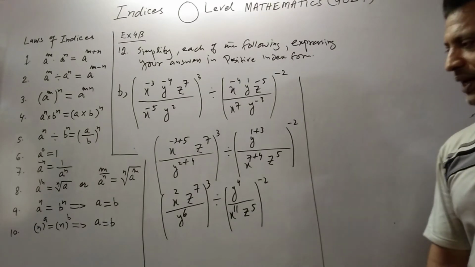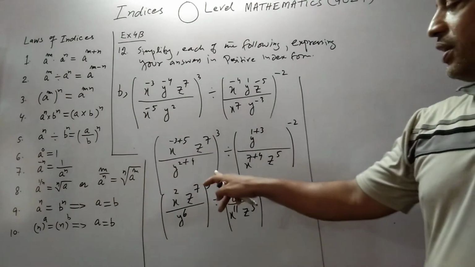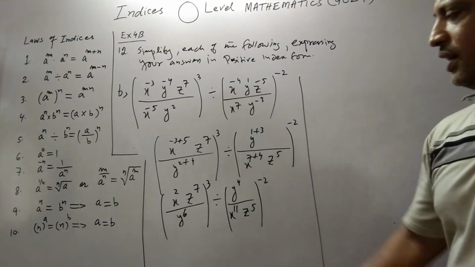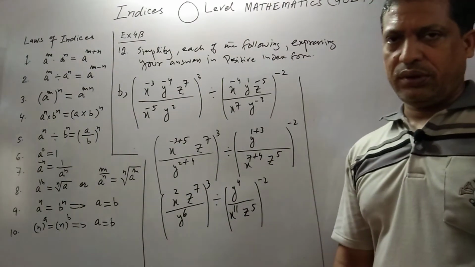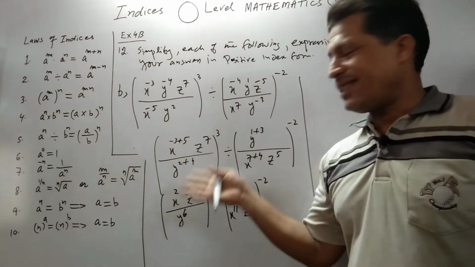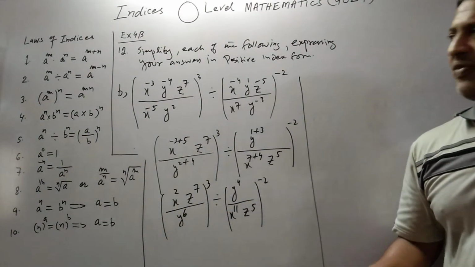The next step is apply law number 4. Apply power 3 on each and every term under the bracket. Now I will not show. This is the time when I can do questions directly, because we did so many questions of indices.